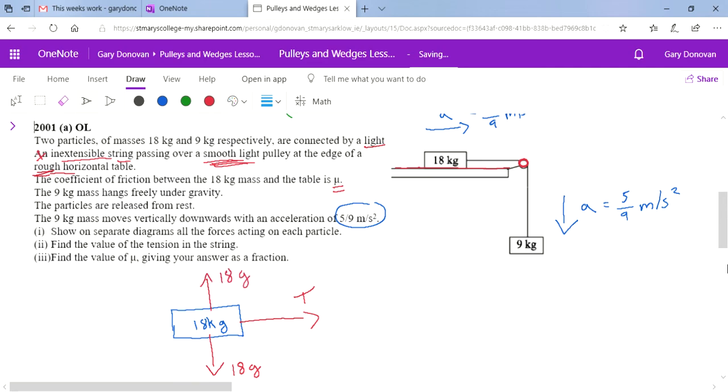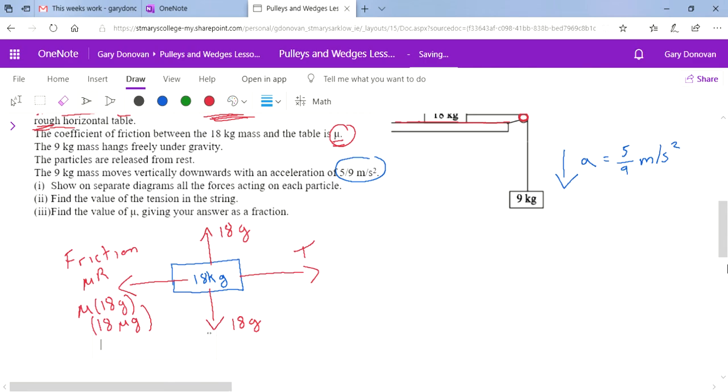Now, because it's on a rough table, there's also going to be friction slowing it down. And that friction is mu times R. Now, we don't know the value of mu, so we can say mu times R, which is mu times 18g. You could write that as 18 mu g, which would probably be a better way to write it. So that's all the forces on the 18 kg mass.